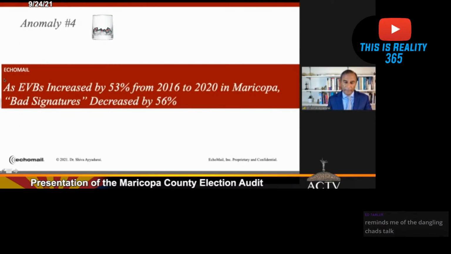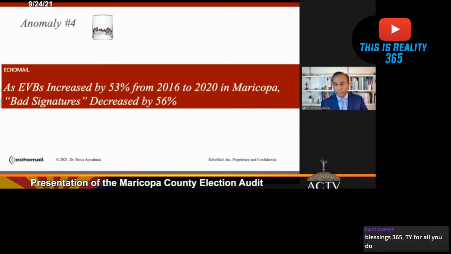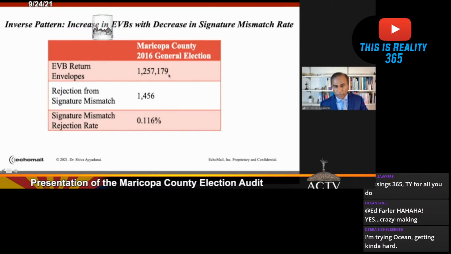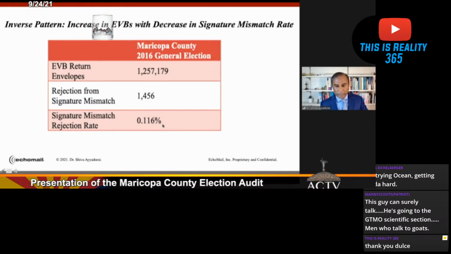Fourth anomaly. As the EVBs, which means the early voting ballot envelopes, increased by 53% in the general election from 2016 to 2020 in Maricopa, bad signatures decreased. Let me explain what I mean by that. In 2016, the election previous to 2020, 1,257,179 return envelopes were submitted. 1,456 were considered to have a mismatch, with a rejection rate of 0.116.